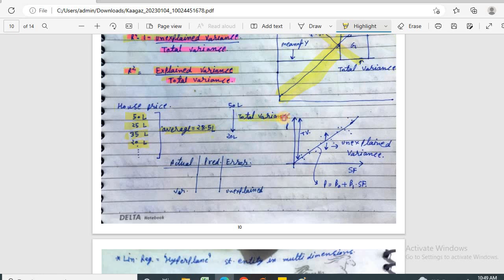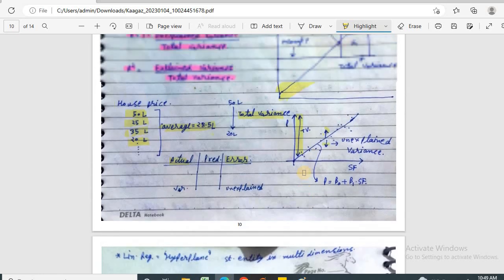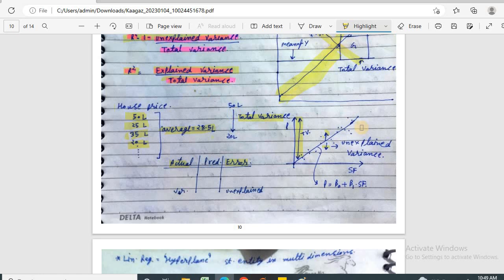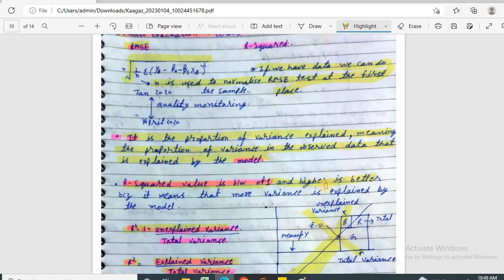If we draw this line, this variation is our unexplained variance and this will be our total variance. So actual is our total variance and error will be our unexplained variance. So R squared is explained variance upon total variance.